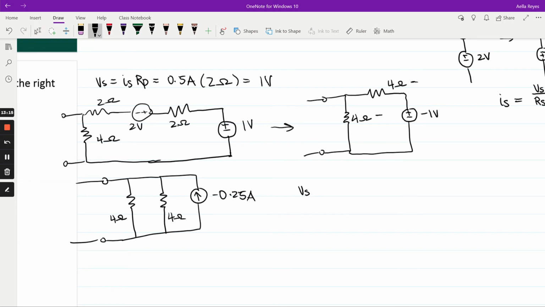So now we're going to find a new voltage, which is the current source, -0.25 amps, times the parallel resistance. How to add up parallel resistors is just the inverse of the sum of their individual inverses.